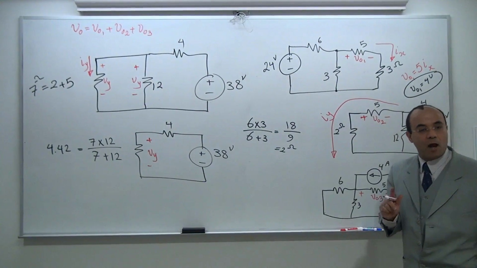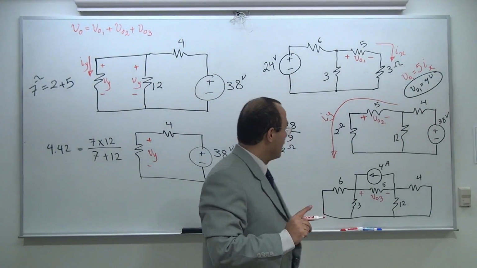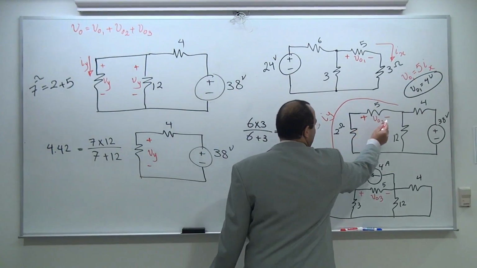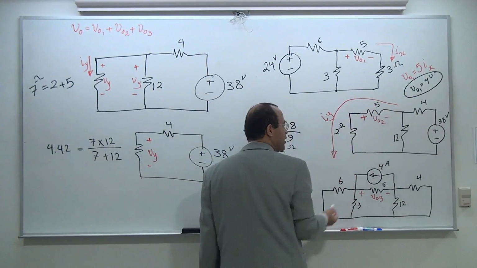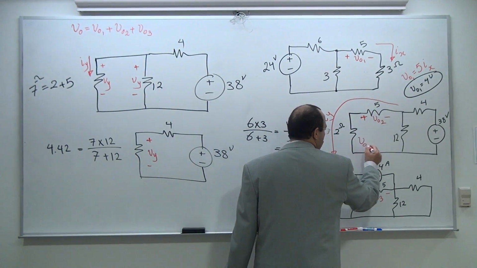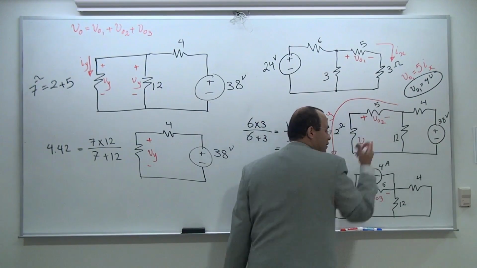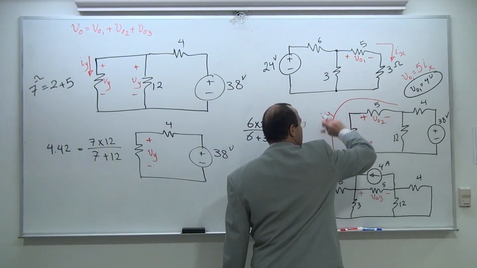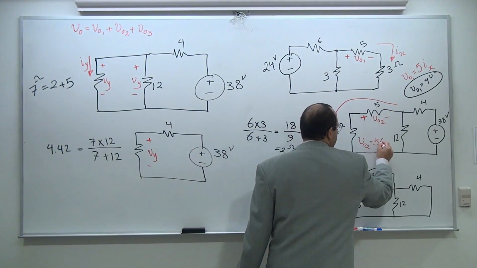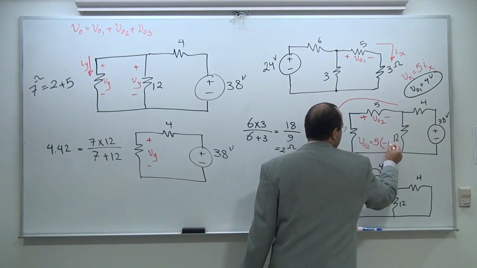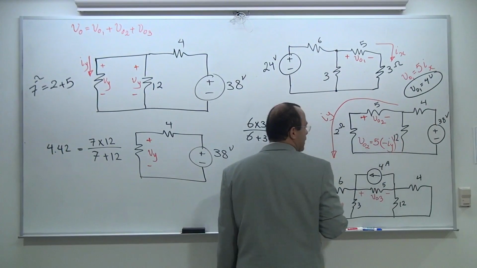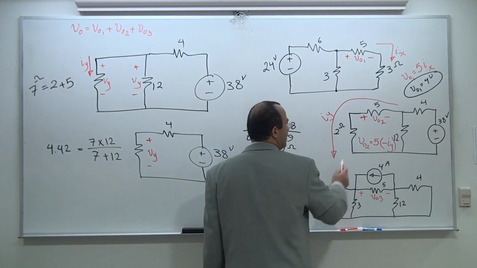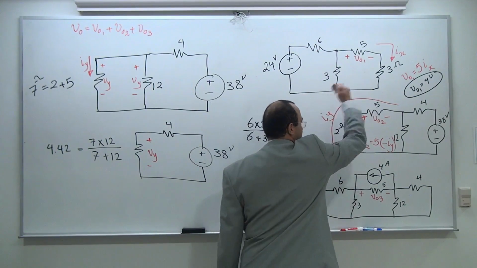Now you need to tell me how much VO2 is. Remember the polarity I insisted on in the first place, and remember the direction you got. VO2 is equal to, you need to reverse this in the Ohm law. If you want to follow the Ohm law, you need to keep in mind a reversed value, so it's going to be minus Iy. If I know what Iy is, I have a 5 ohm, the other way around.